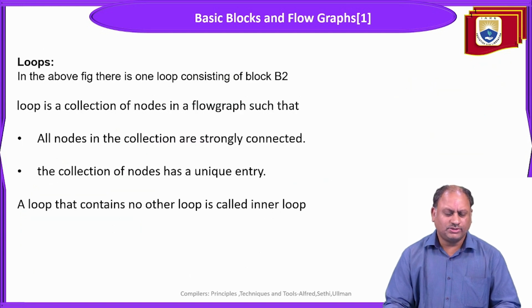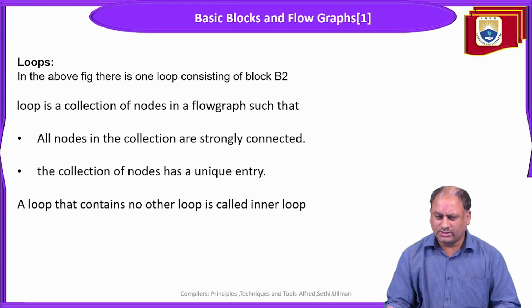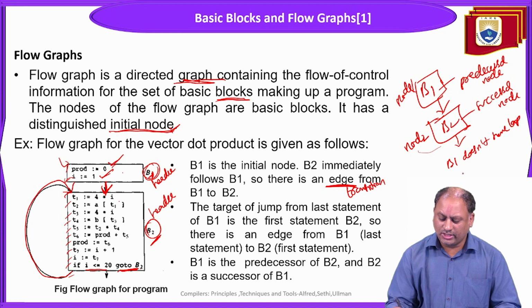Now sometimes we see loops inside these procedures. So here we observe that there is a loop. What is the loop here? The block B2 contains a loop, whereas B1 doesn't have a loop.